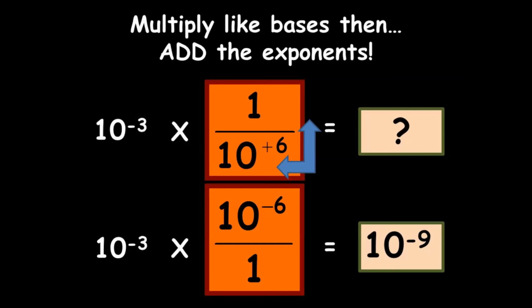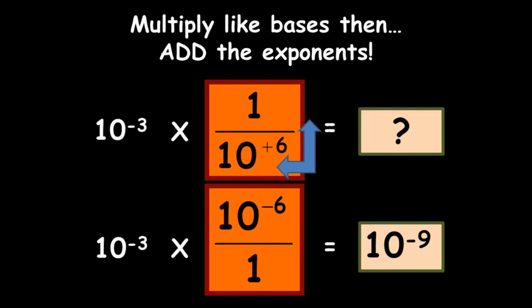Notice when I say this, there's only one significant figure to the left of the decimal. Now, an application of the rules we just looked at: if I have 10 to the negative 3 times 1 over 10 to the positive 6th, I could either say that's 10 to the negative 3 divided by 10 to the positive 6, and then you subtract your exponents, and that would be negative 9.